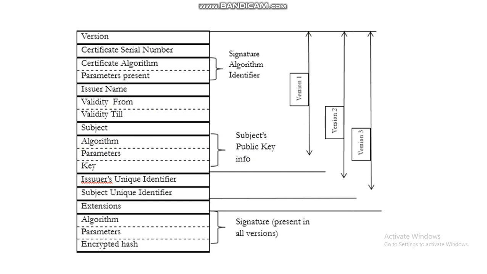All will be represented in hexadecimal values. So next is the signature algorithm, represented at last. They may be using the MD5 algorithm or the SHA algorithm. Again it will be represented in the digital certificate.